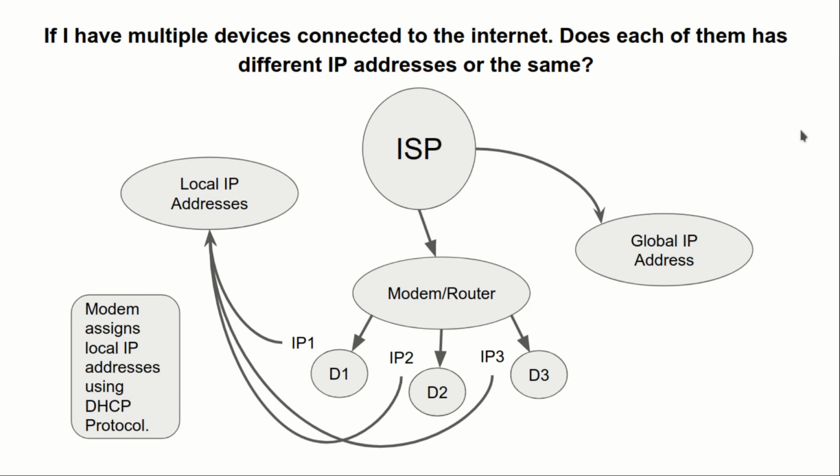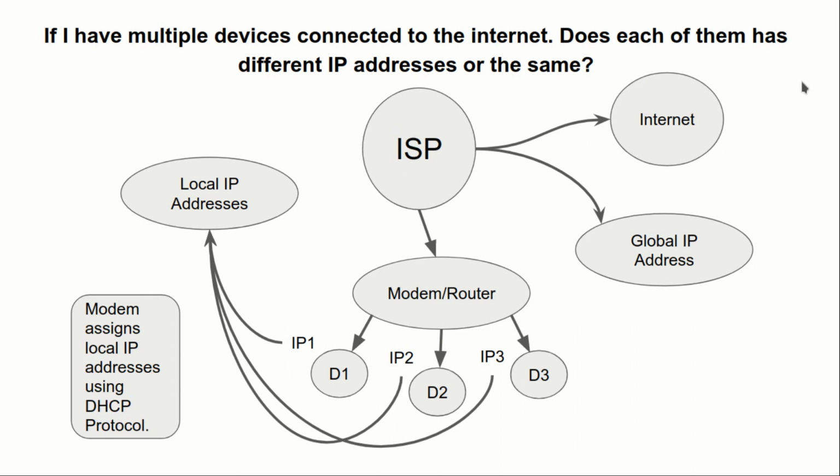Alright, so let's say this ISP is connected to the internet, and you send a request from device 1, device 2 and device 3. These three requests are sent to the modem, and the modem will take these requests and send them to the ISP. Now the ISP will take these requests to the internet, and the internet will take these requests to the server.